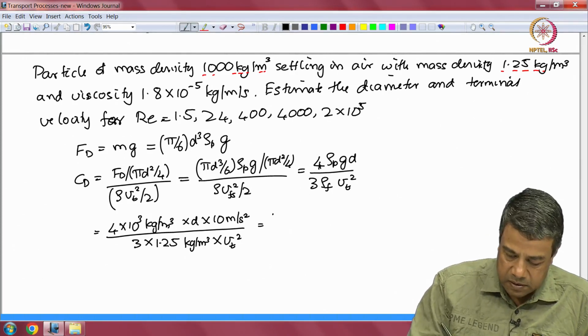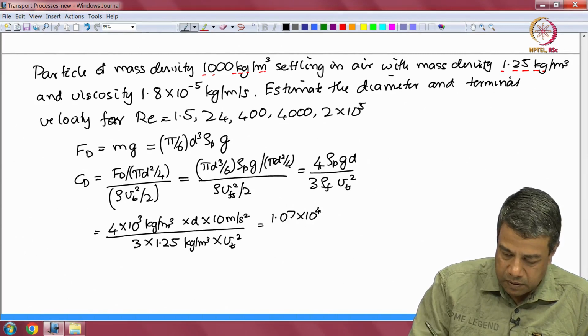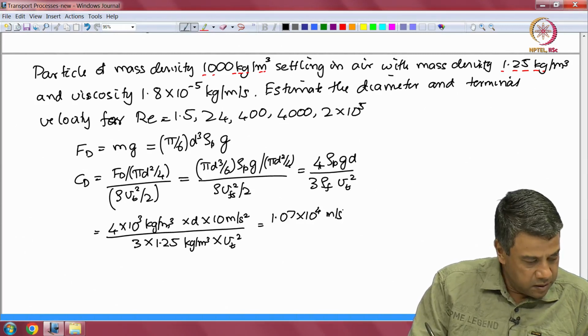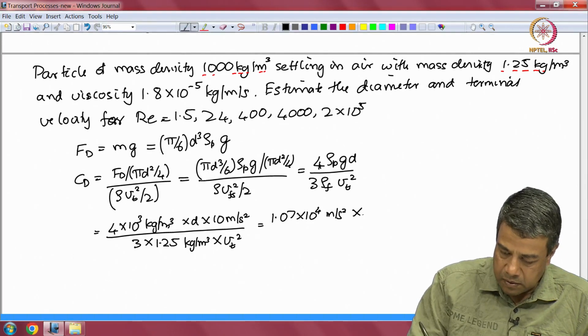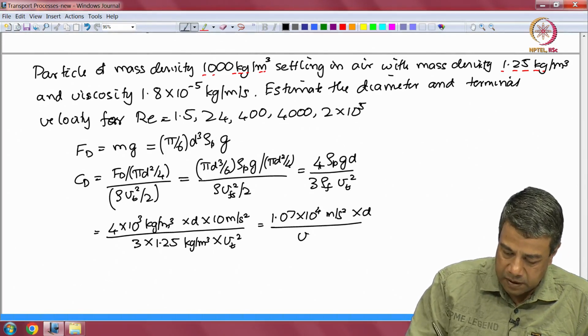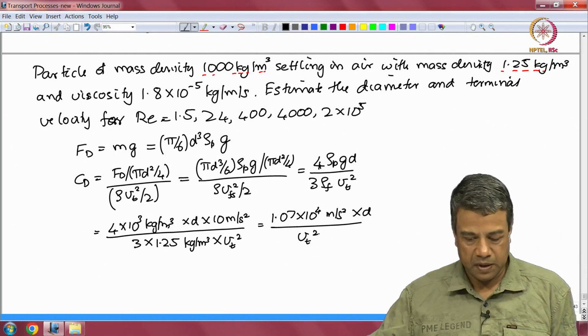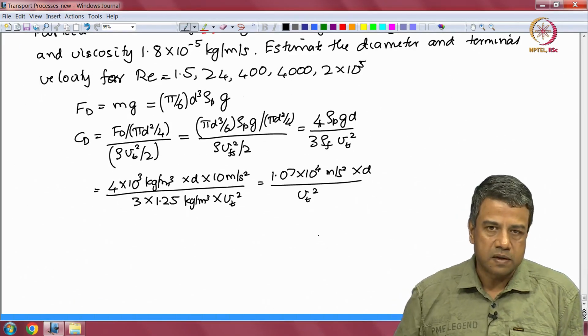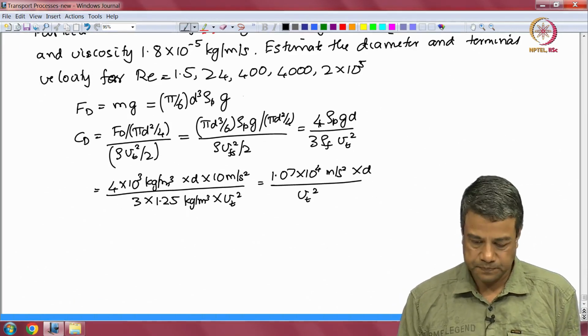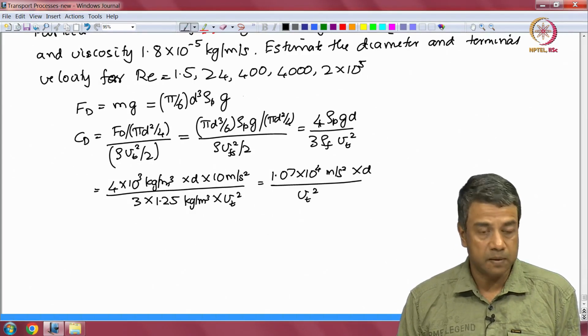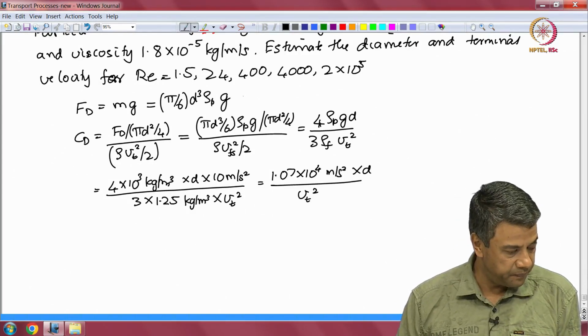And this I am getting as 1.07 into 10 power 4 meters per second square into d by Vt square. That is the drag coefficient in terms of the diameter and the terminal velocity.